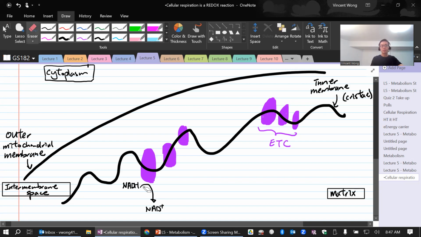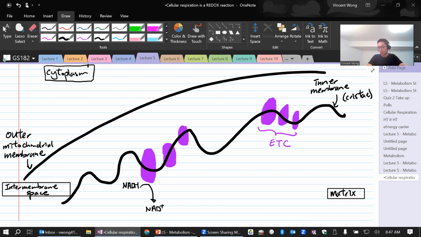So NADH is going to be oxidized into NAD plus. When you lose electrons, you become oxidized.